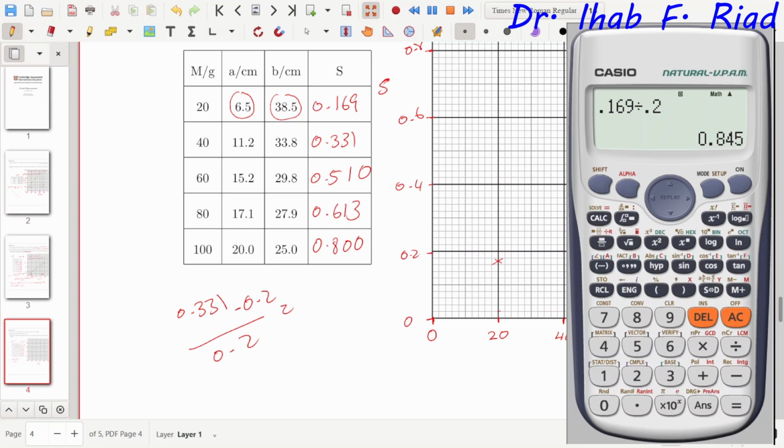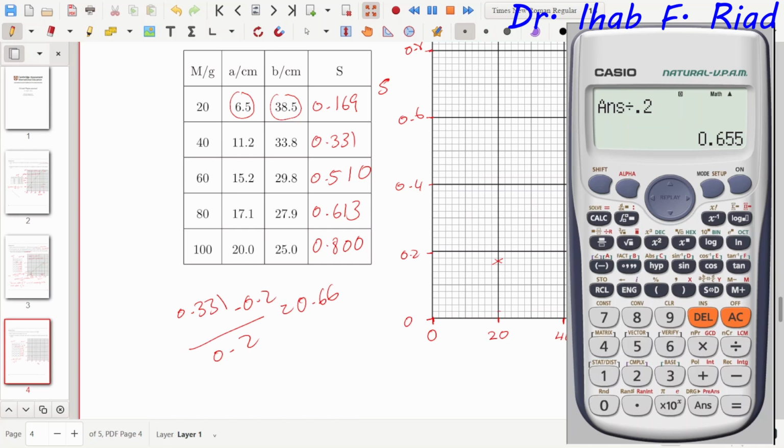It is the scale on the y-axis. 0.331 minus 0.2 divide 0.2 is 0.655 or 0.66.